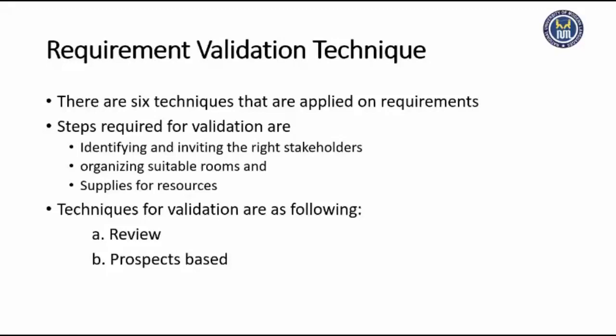Number one is identifying and inviting the right stakeholders, organizing suitable rooms, and providing supplies for the resources. These resources can be paper, pencil, a printout, probably a prototype as well, and some documentation for the prototype.